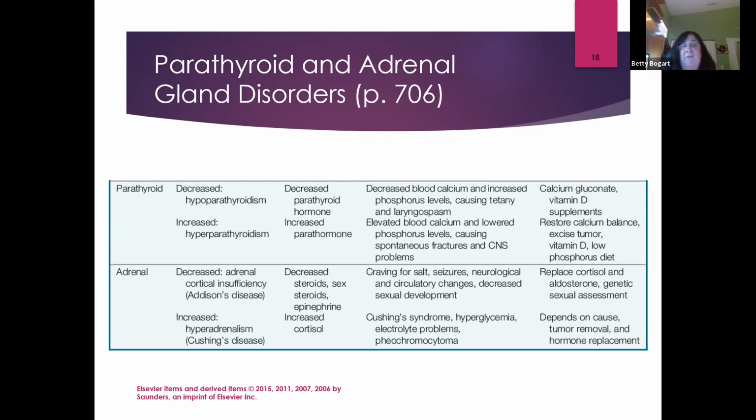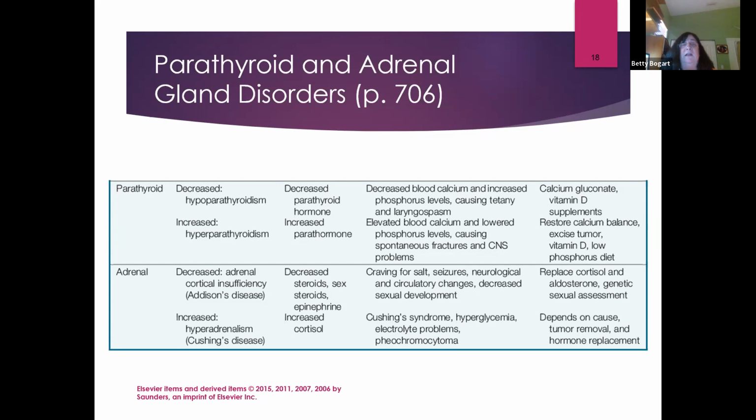If you don't have enough calcium, you don't have muscle strength. So how do we treat it? You give replacements. If you have too much, you are to the point where you're in spasms, or tetany it's called. Again, we're going to do something to get that calcium down.